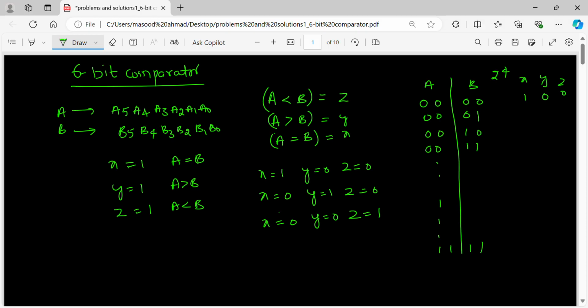So in general, if I solve like that for a 6-bit number, this is 6 bits and this is 6 bits, totally 12 bits.